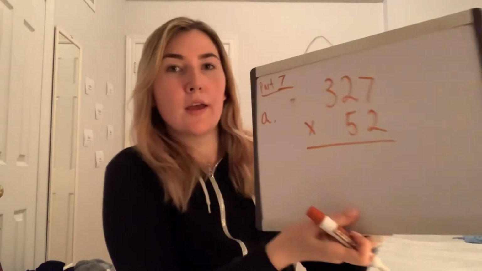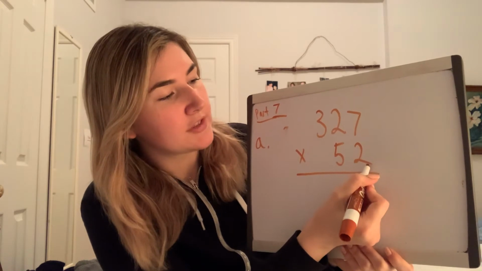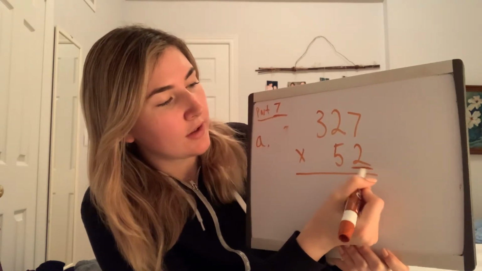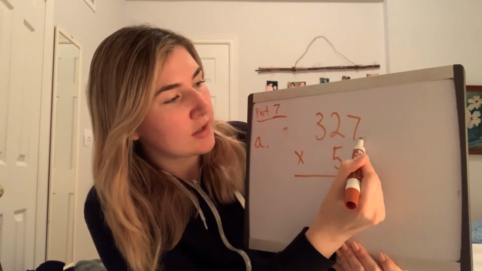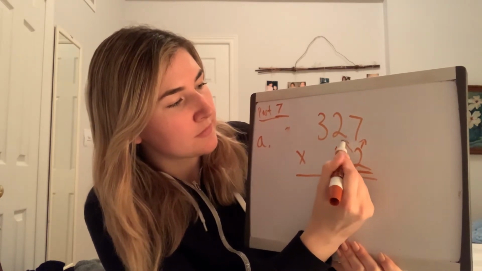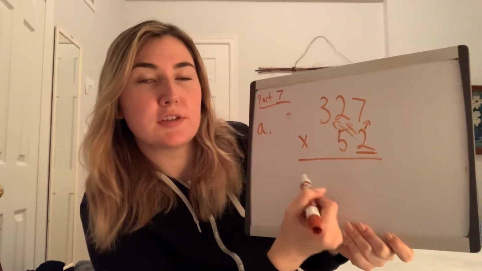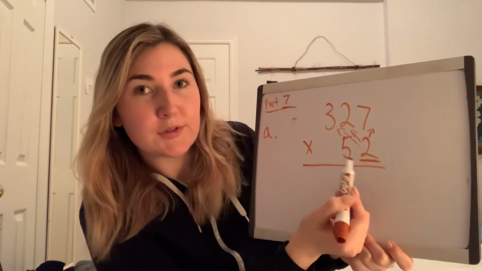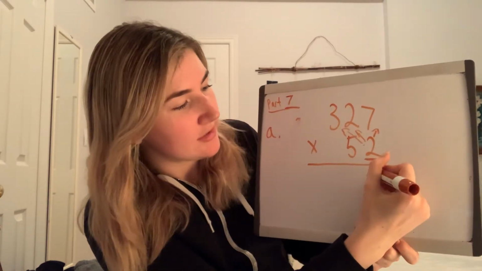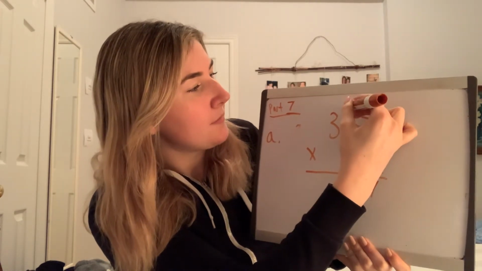Okay, so our first step is multiplying our first digit in the ones column. So now we have to do 2 times 7, 2 times 2, and then 2 times 3 to give us our first answer. So we'll do 7 times 2, which is 14. I'll drop the 4 and then carry the 1 here.